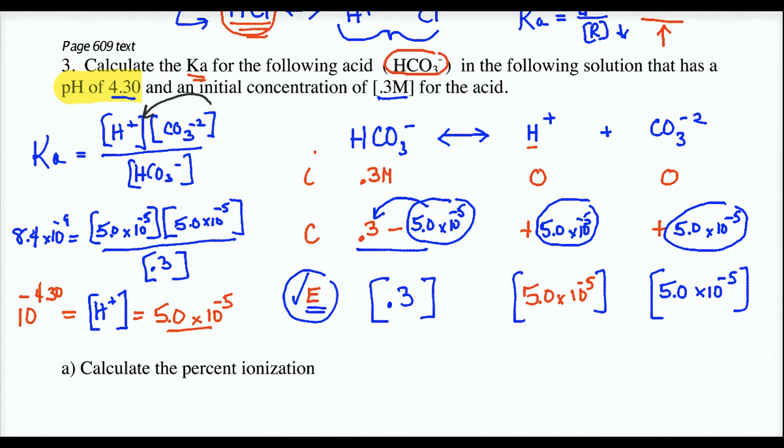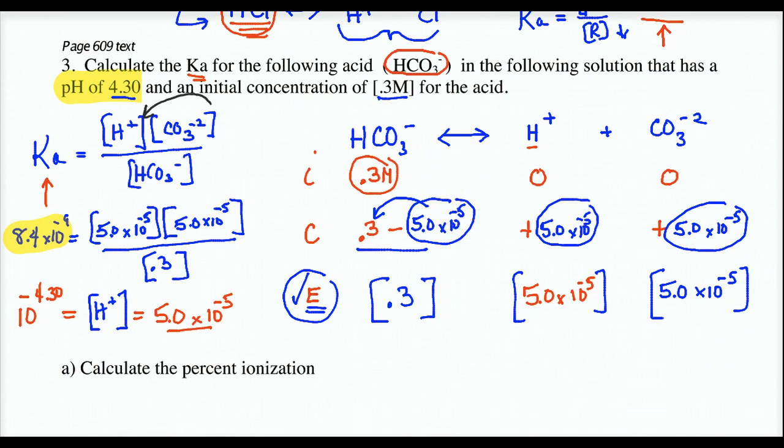And that is my answer. That is my Ka. That Ka is tiny, which makes a lot of sense. This barely goes forward, which means if we started with 0.3, only a little bit comes off. Only a little bit is made. Okay? And that's how we do that type of problem.